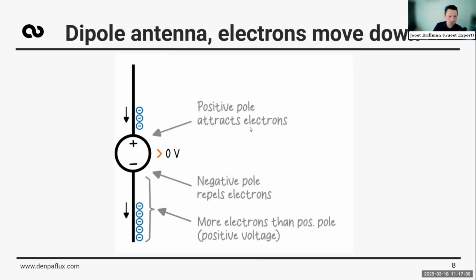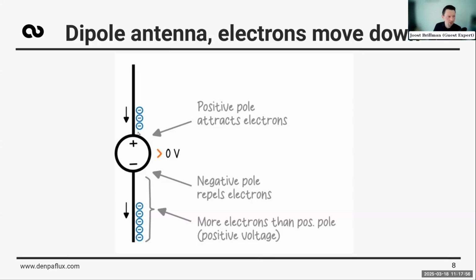However, as soon as we apply a positive voltage, the electrons are repelled at the negative side, attracted at the positive side of the source, and this enables us to steer the distribution of charge.